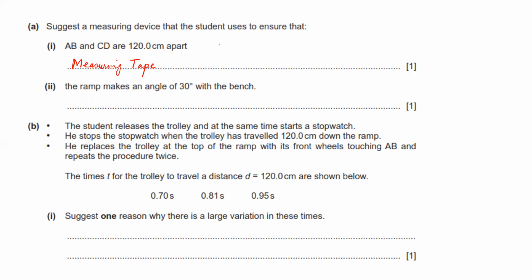So measuring tape can be easily extended, can be long enough, can be short enough. It is more easily portable, and a meter rule will not give you this reading in one set. So the best device would be a measuring tape.